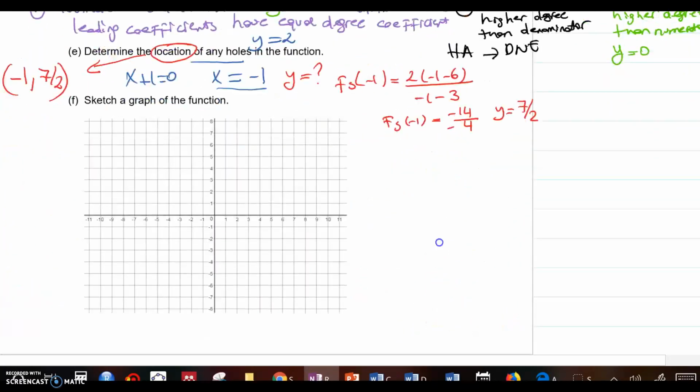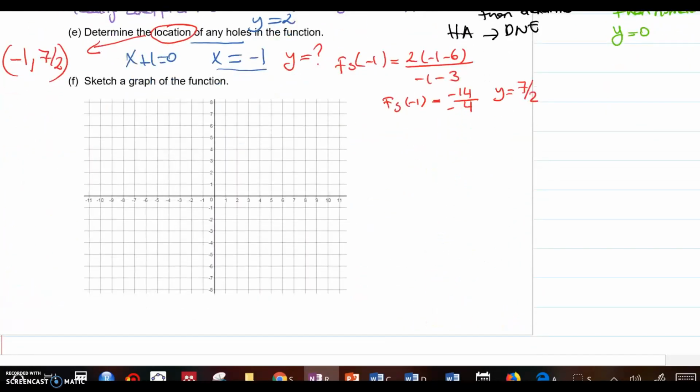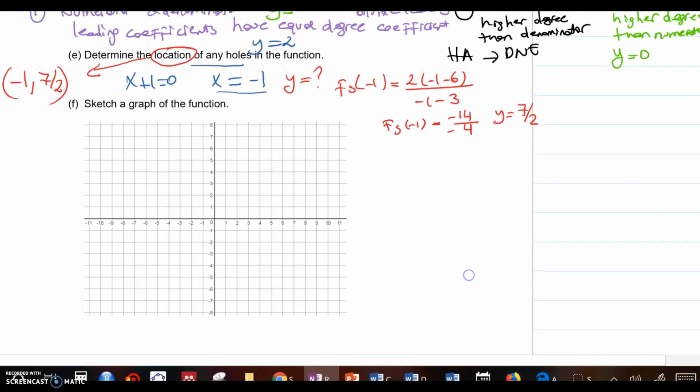Okay, let's continue. So sketch the graph of a function. All right, let's put the asymptotes first. What did we have? X equals 3. So 1, 2, 3. All right, I'm gonna put my dotted line here. And horizontal asymptote y equals 2. Okay.